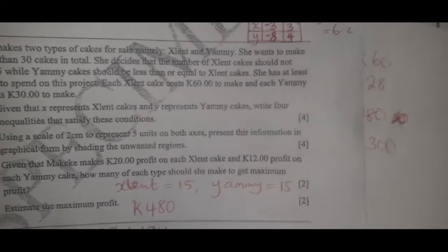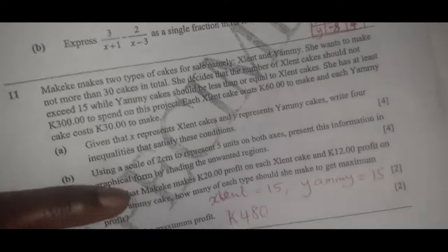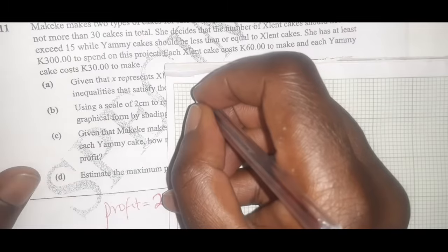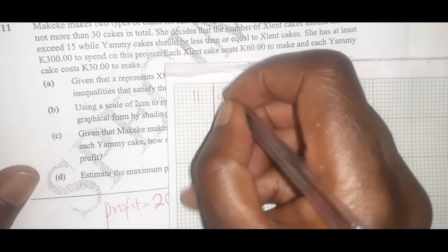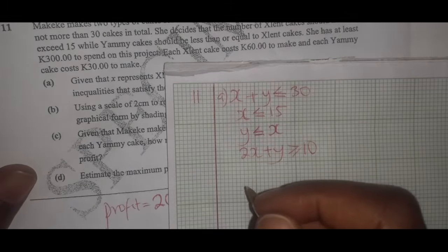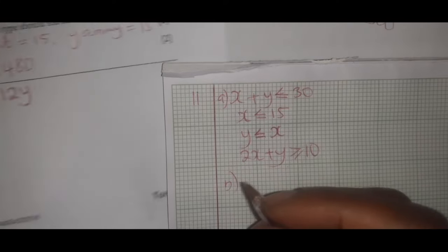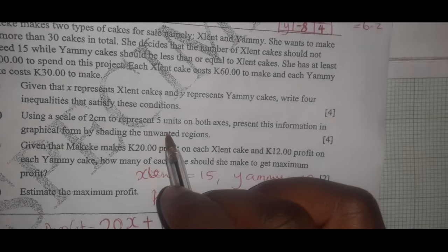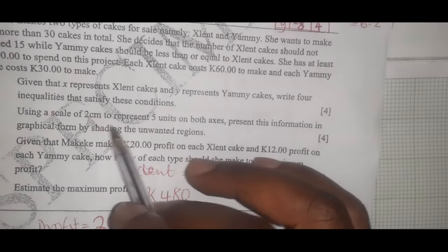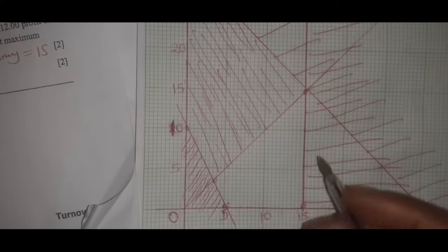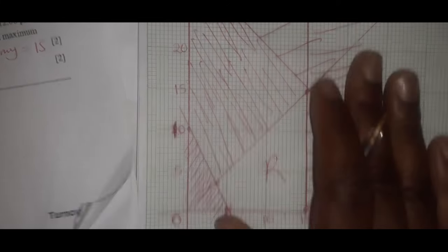Now make sure that these answers here are clearly indicated. So we have, like, 11 for the inequalities. This is A. Then for B, this one is talking about the shading. We can even, maybe for guidance, put R here.